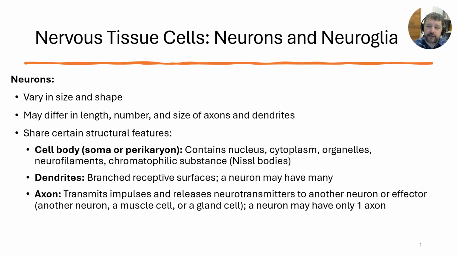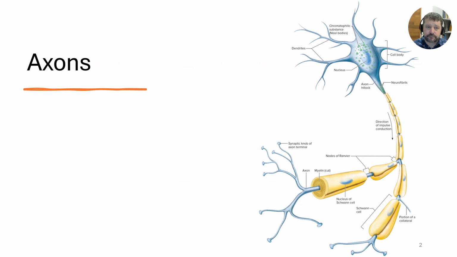Again, what the axon looks like depends on the type of nervous cell or type of neuron. They normally have one axon, but it can be a split axon, or it can be hard to distinguish what the axon looks like. And so we'll look at this here in a second.